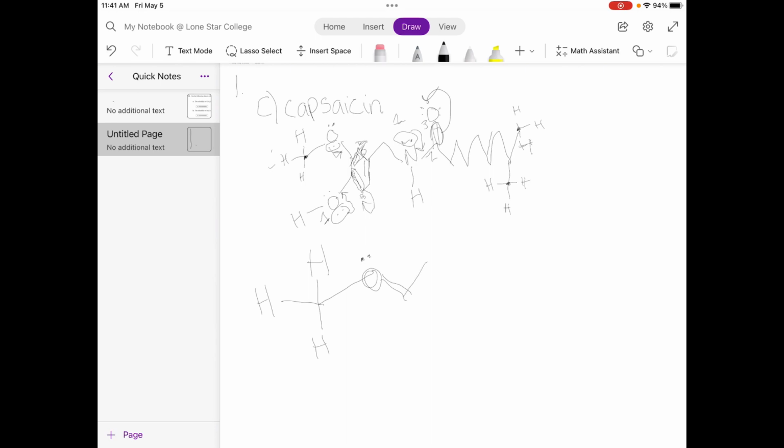Let me draw this hexagon. Let me redraw this. It's terrible. Let me redraw this as well. These 2 lines are terrible.